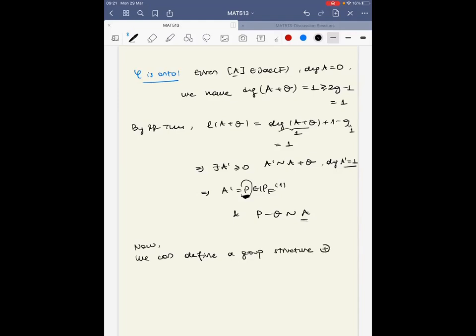The operation is denoted by plus inside of a circle on the set of rational places, and we define this addition depending on the additive structure of the Jacobian.